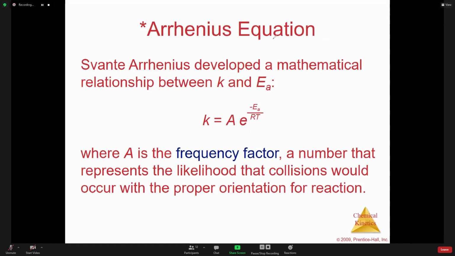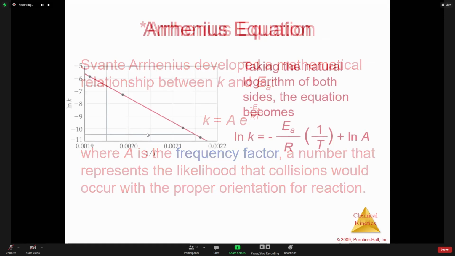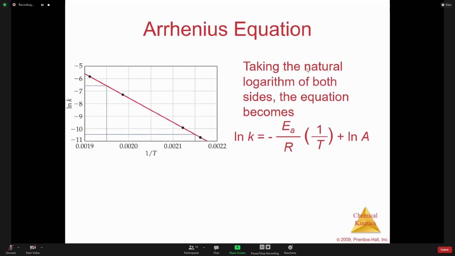Last slide. This is what I've been trying to build up for, the graphing. If you took the natural log of both sides, now it's in that form we love, y equals mx plus b. So what's cool is that from graphing, because remember K is different at each temp, here are different temperatures.